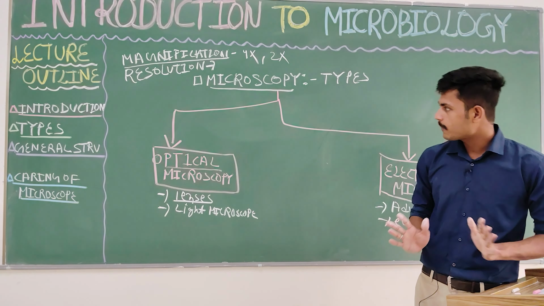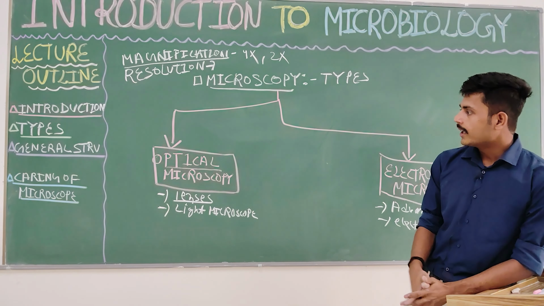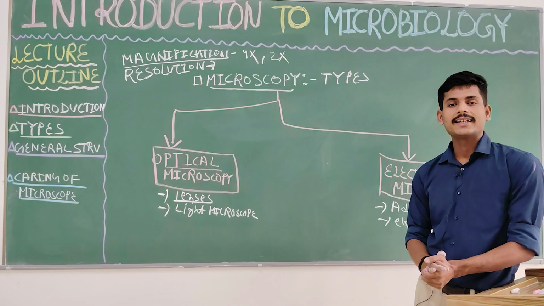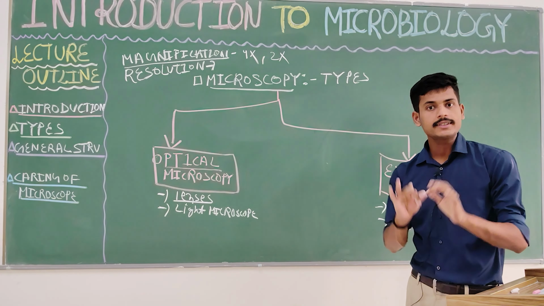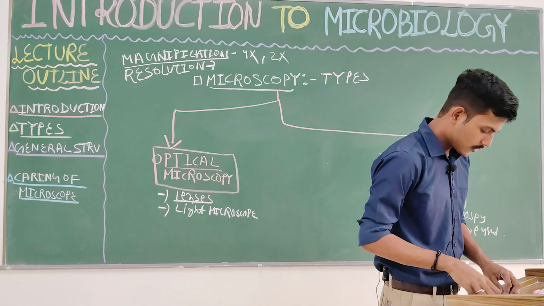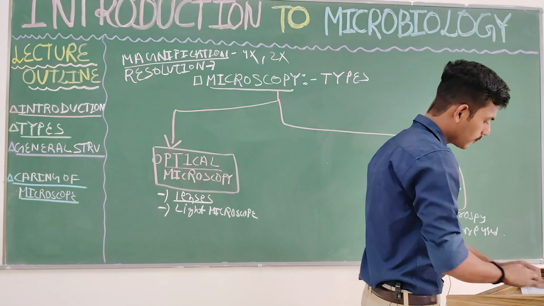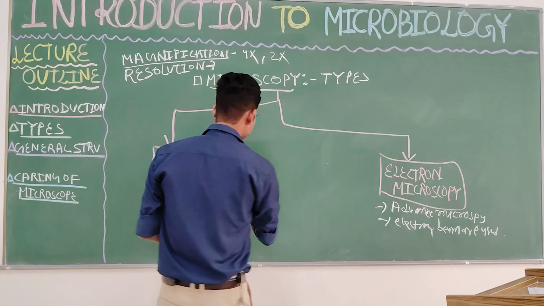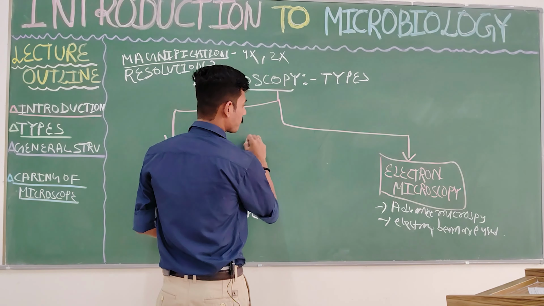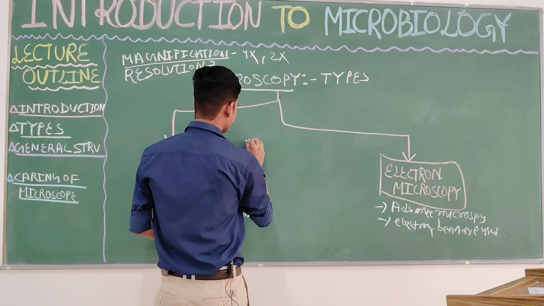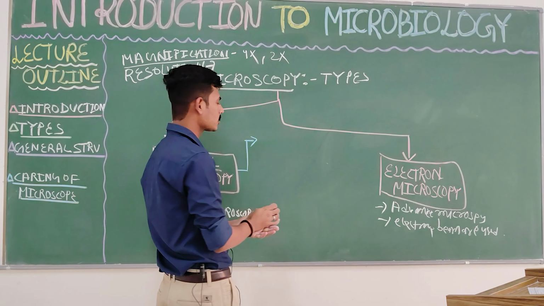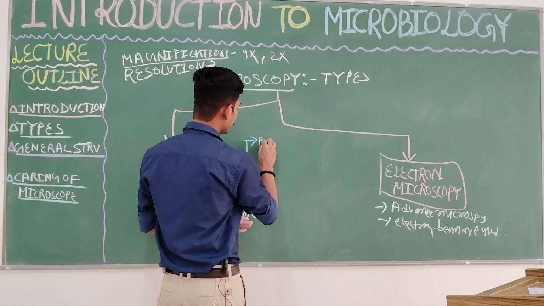Fine, no problem. Now the optical microscopes are again of three types, so you write down these three types. The first one is called bright field microscopy.